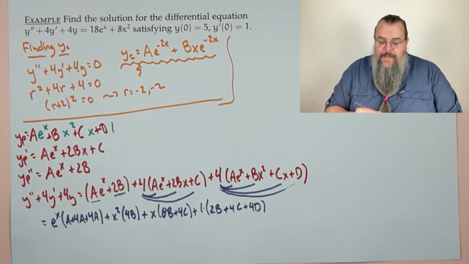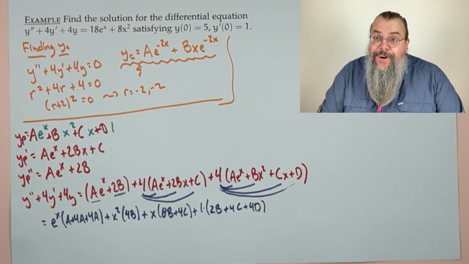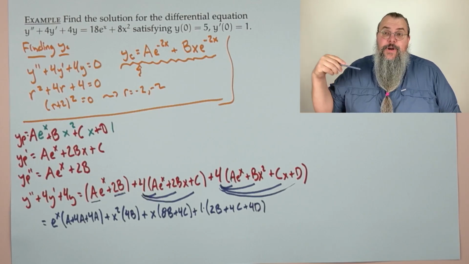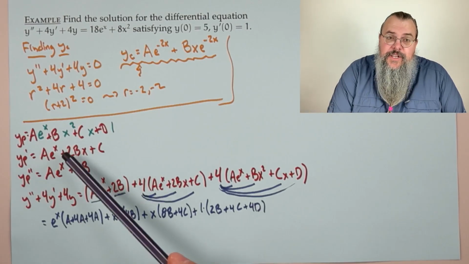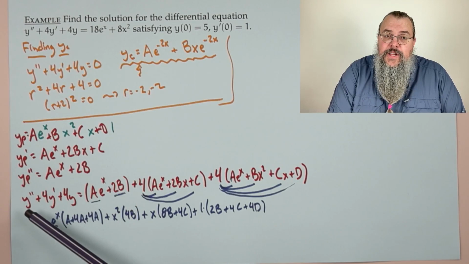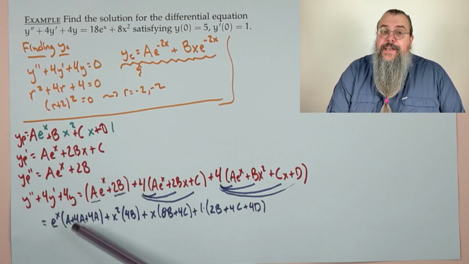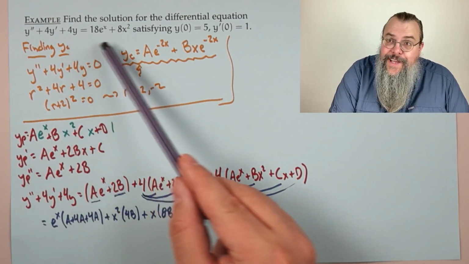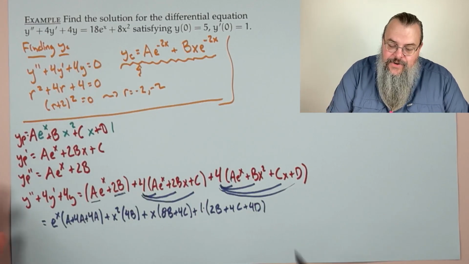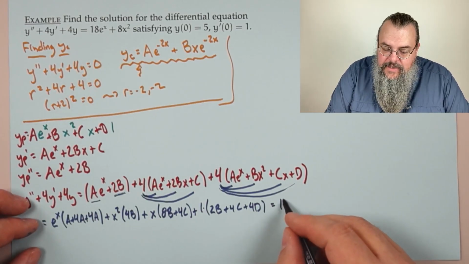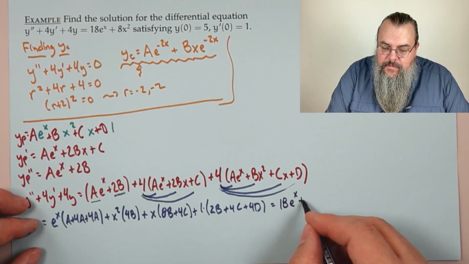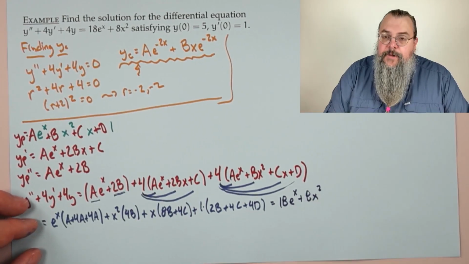All right, now, what does all of this equal? Well, the point here is that this is a particular solution, so that when we plug it into the left-hand side, it has to match the right-hand side. So this has to equal 18 e to the x plus 8x squared.